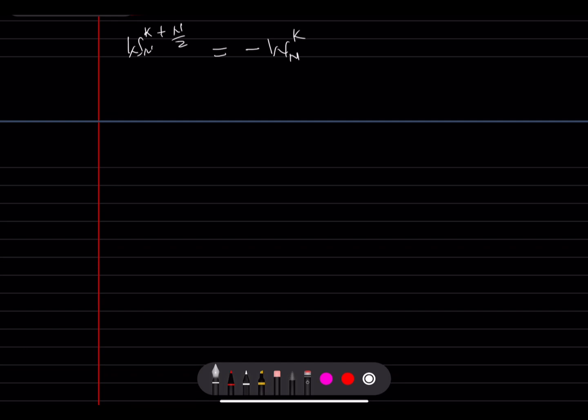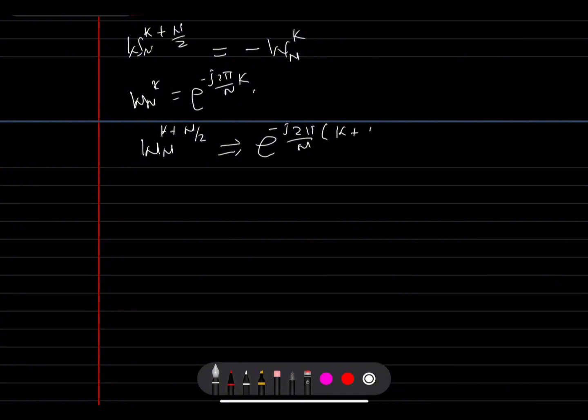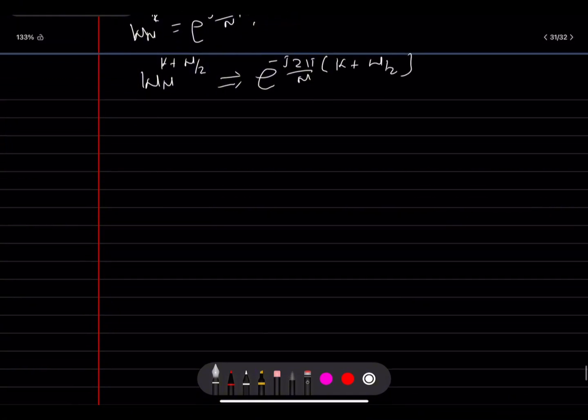Looking at this, when we have omega N^k equal to exponent -j 2 pi over N k, then omega N^(k+N/2) is exponent -j 2 pi over N multiplied by (k + N/2).